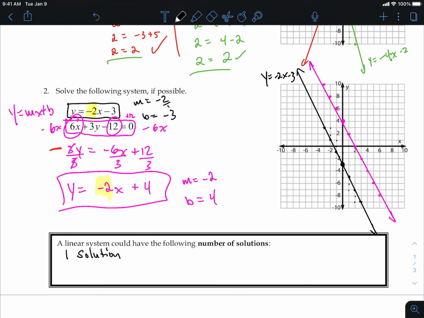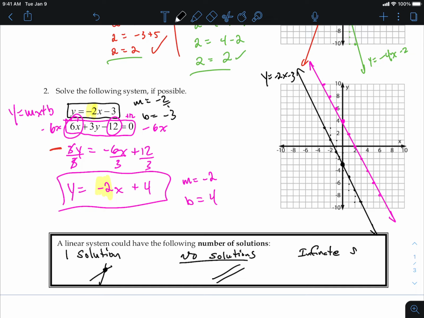So you can have one solution where the lines cross at one unique point. You can have no solutions like what we just saw. That's where the two lines are parallel. And we'll do this more tomorrow too. Or you can have infinite.